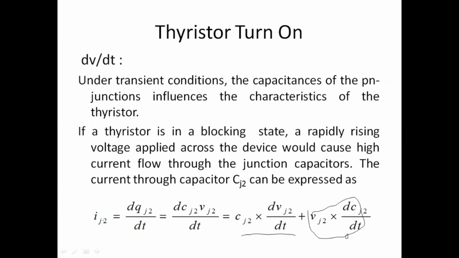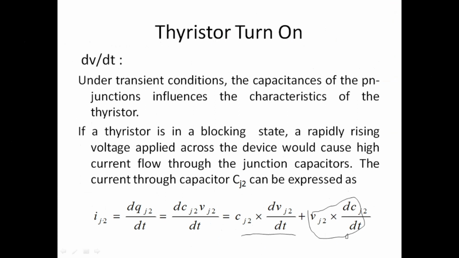Because if a high Ij2 passes, ICBO1 and ICBO2 will increase because of minority charge carriers, and again the anode current IA will increase.